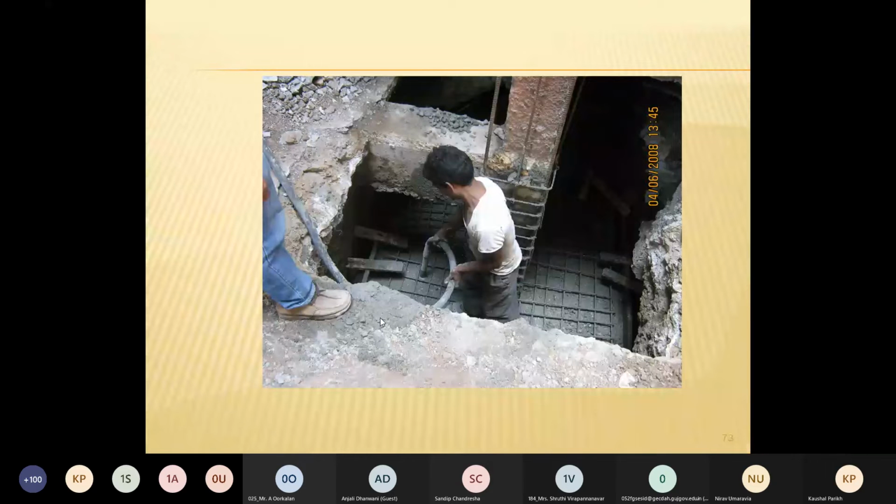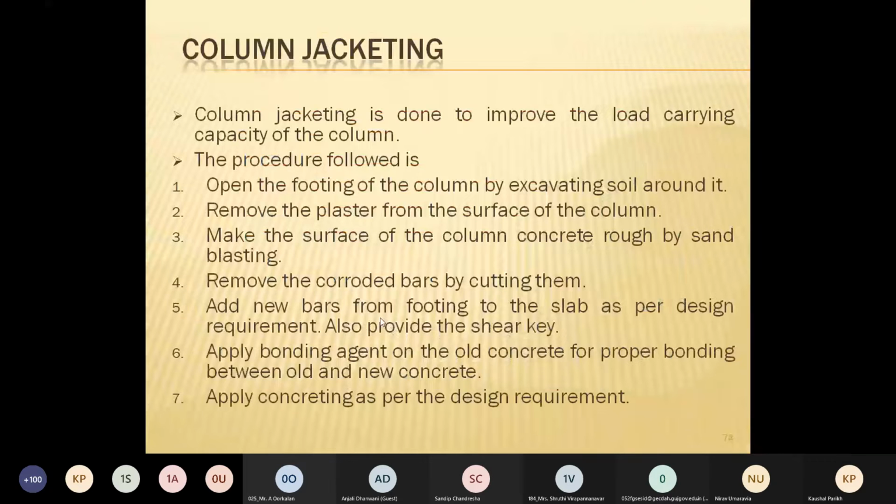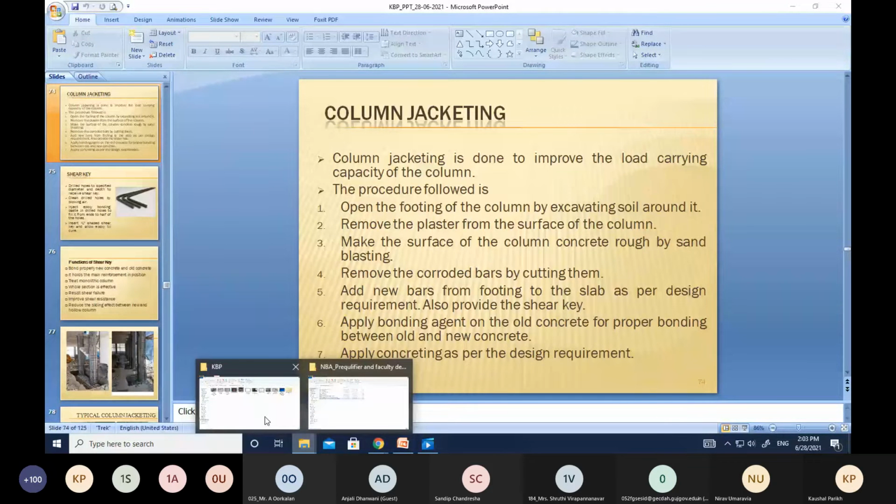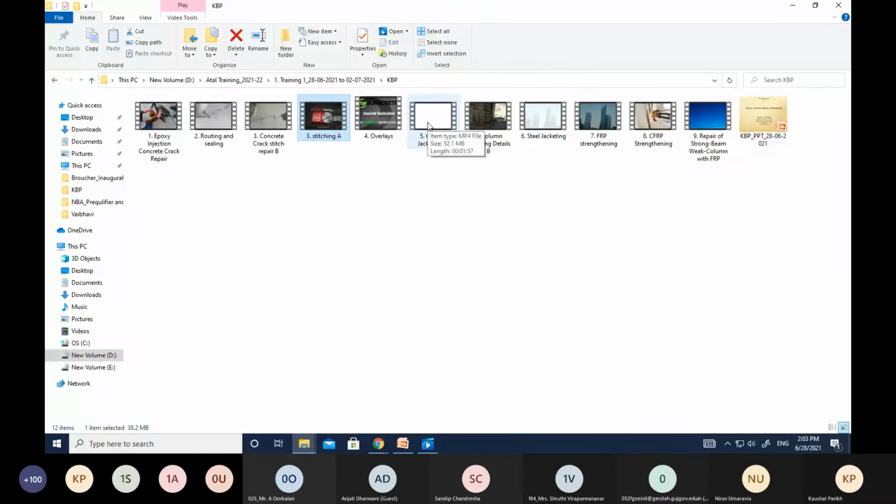The first one we will go with is column jacketing. So before I proceed and explain the column jacketing, let us watch one small, short video so that we can understand column jacketing very well. There will be one video for the overlays, but let me start with the column jacketing.